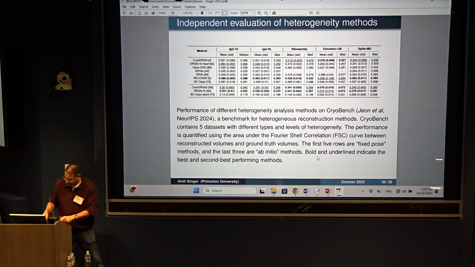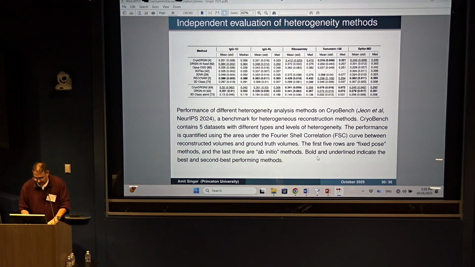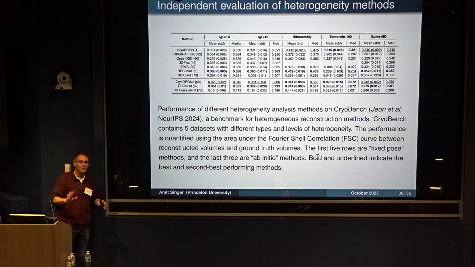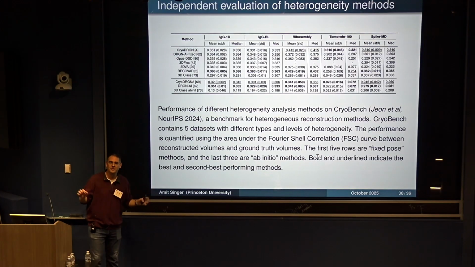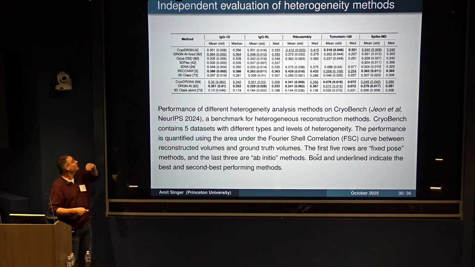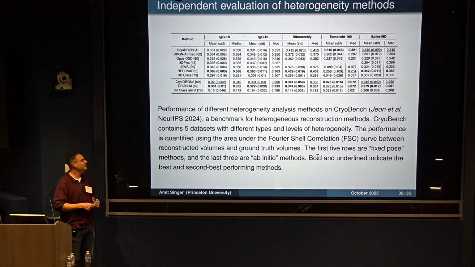Like I mentioned, it would be really nice if there was an independent benchmark that compares all the different methods. And luckily, Ellen at Princeton and her students did such a benchmark. They compared CryoDragon and other heterogeneity analysis methods on, I think, 5 different benchmark data sets.